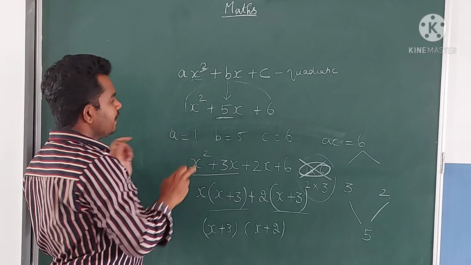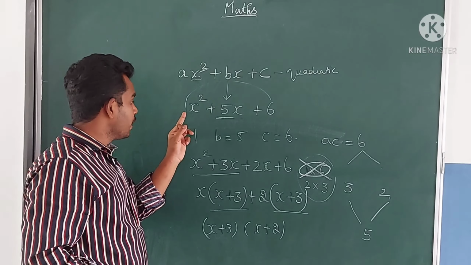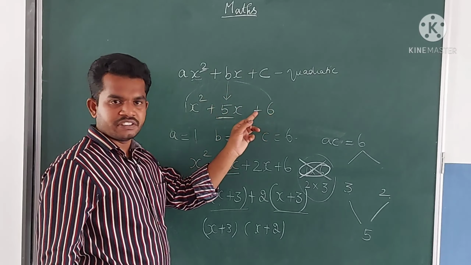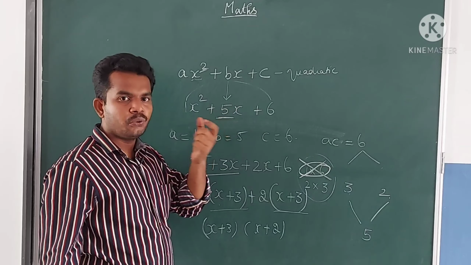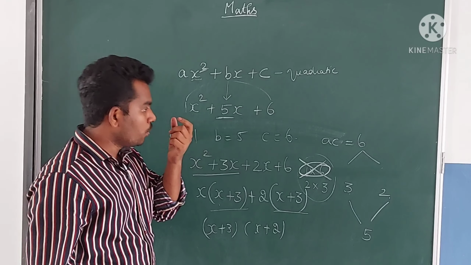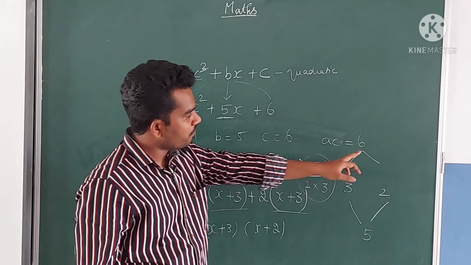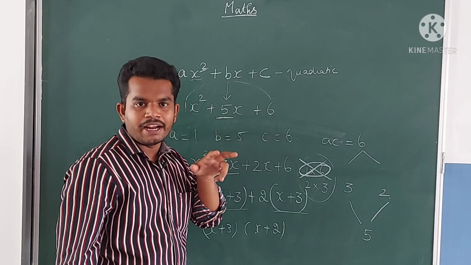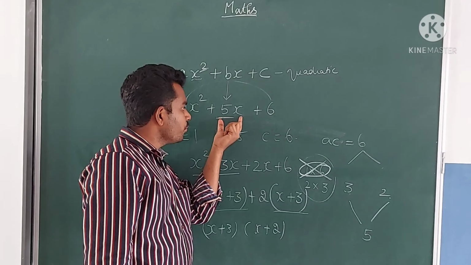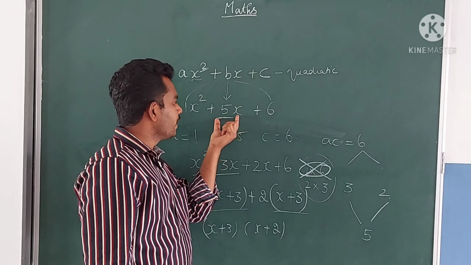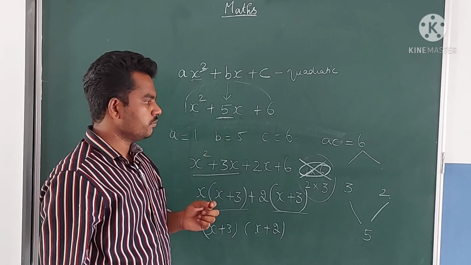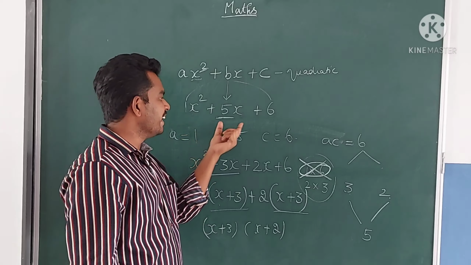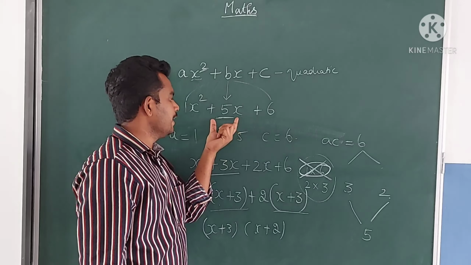Whichever the coefficient may be, first you multiply it with the constant, then you get a number. You find the factors of that number. You should add the factors and you will get the coefficient of x. Those numbers only you have to choose.